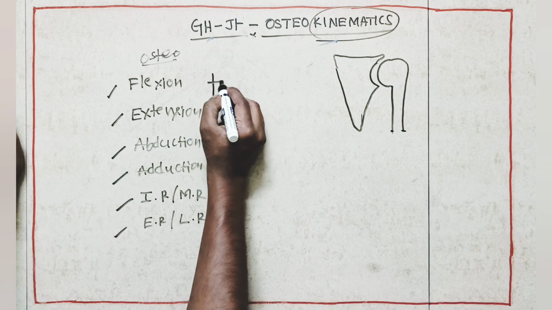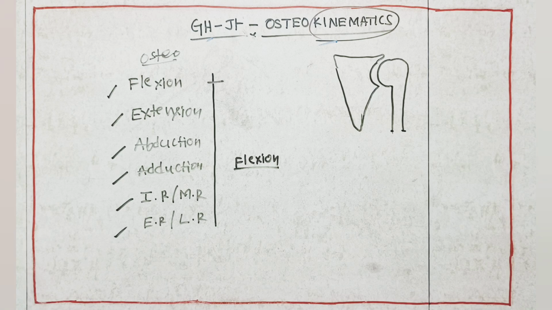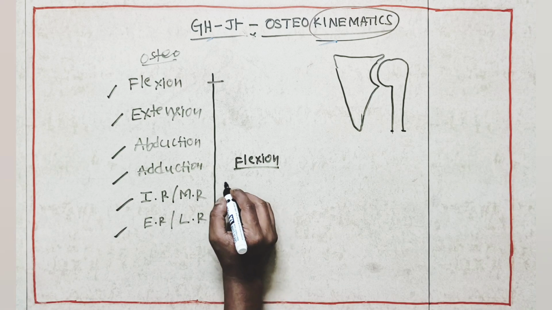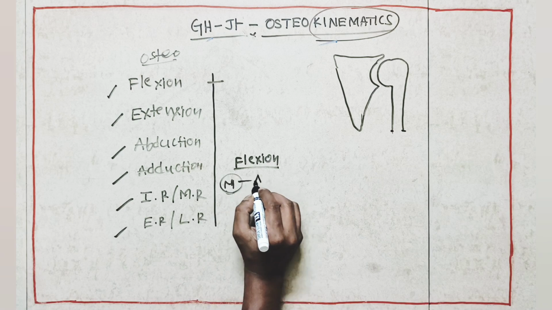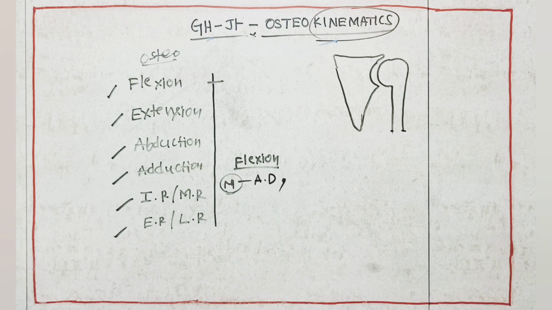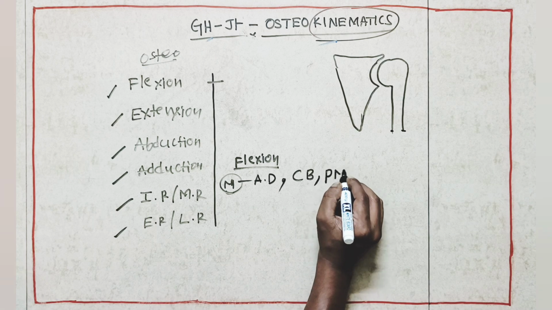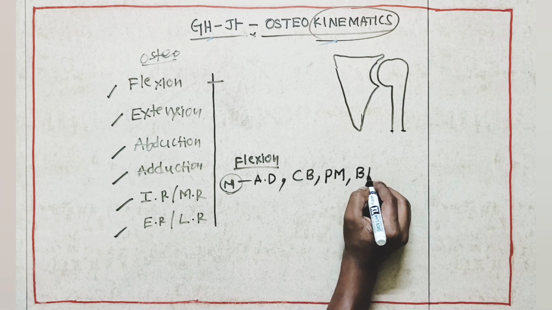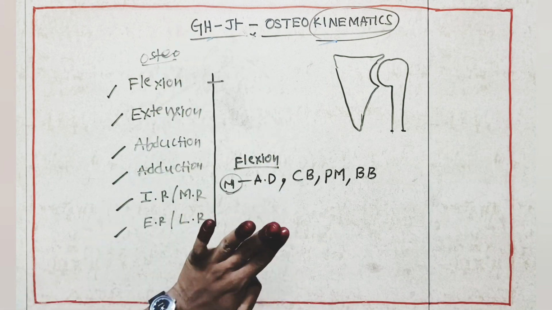If we take the flexion movement, which muscles are responsible for flexion in the shoulder joint? First, the anterior deltoid muscle, coracobrachialis muscle, pectoralis major muscle and biceps brachii muscle. These muscles are responsible for glenohumeral joint flexion.